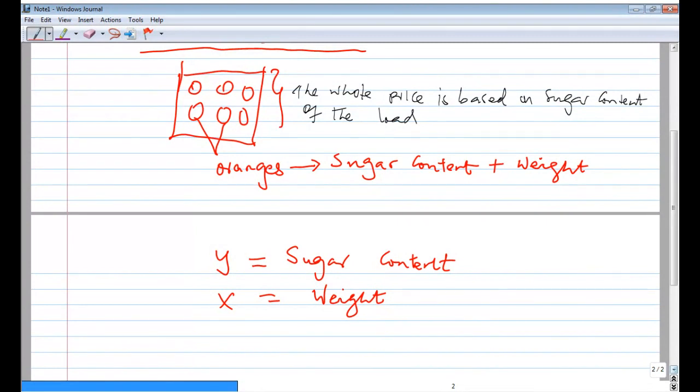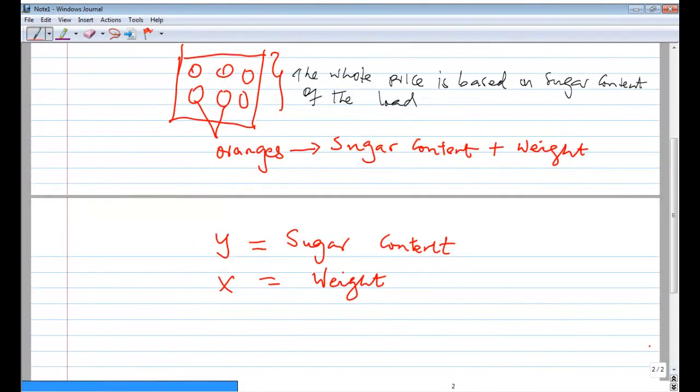Now, you can tell me, the total sugar content can be abbreviated as what? Tau y, isn't it? Agree?